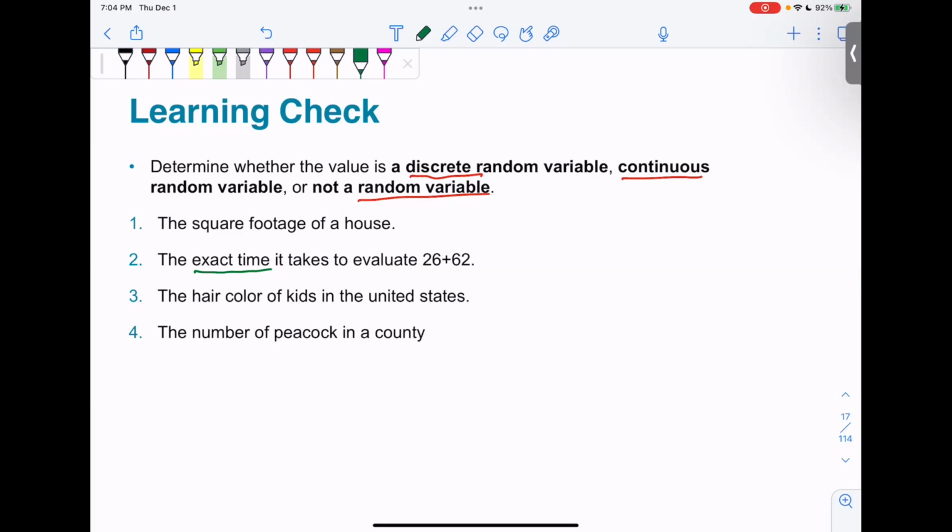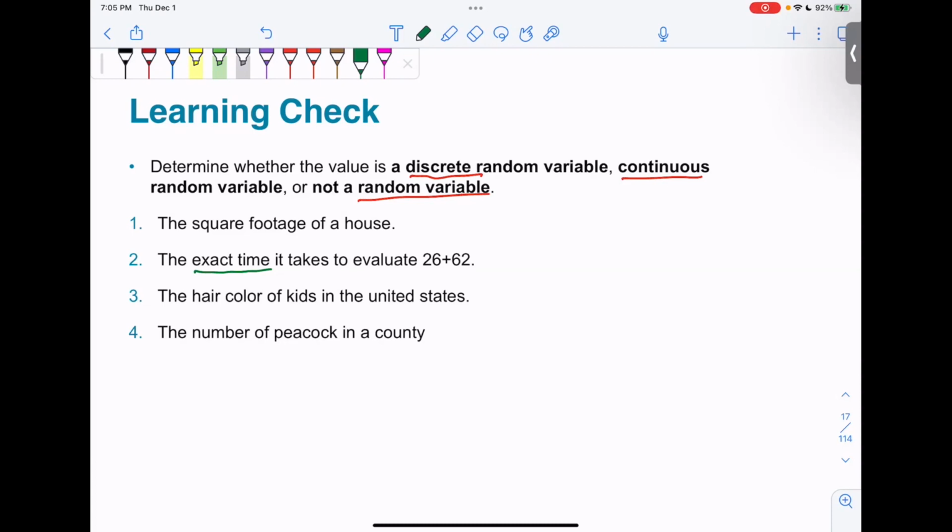The hair color of kids in the United States. Discrete random variable, continuous random variable, or not a random variable? The first condition of a random variable is what? Numerical, right? So when we say random variable, it must be numbers.